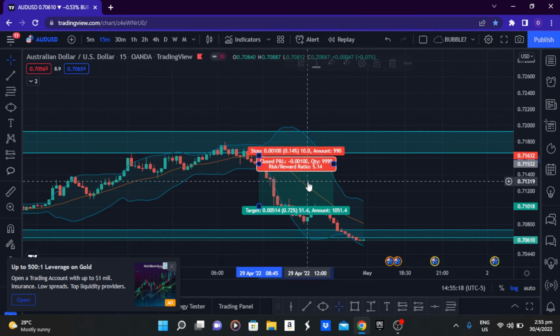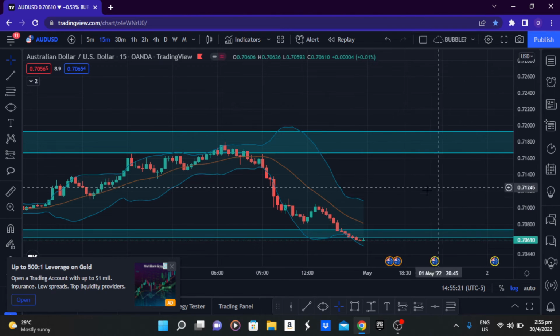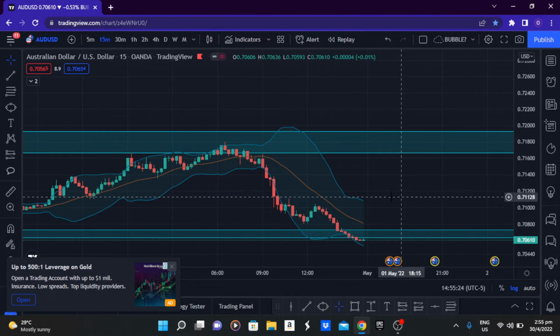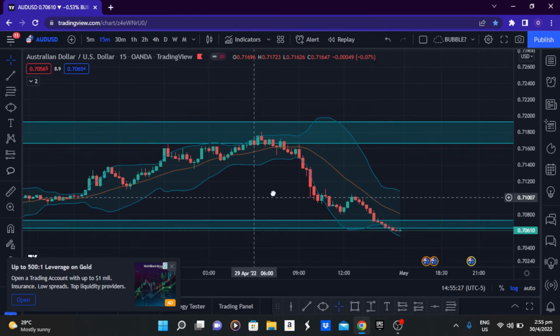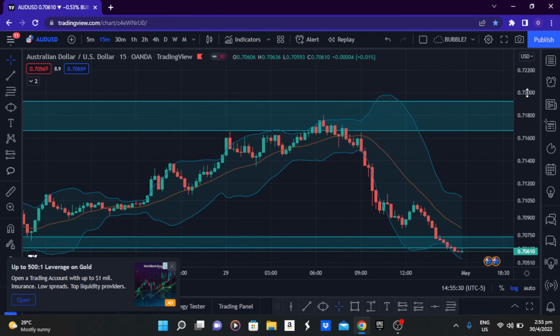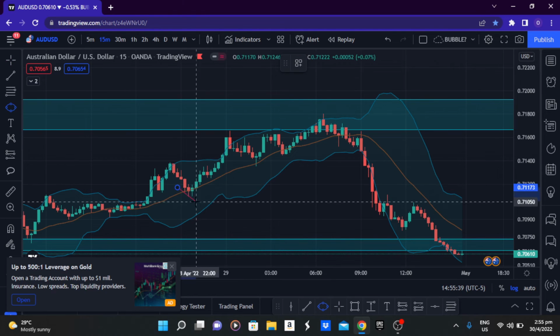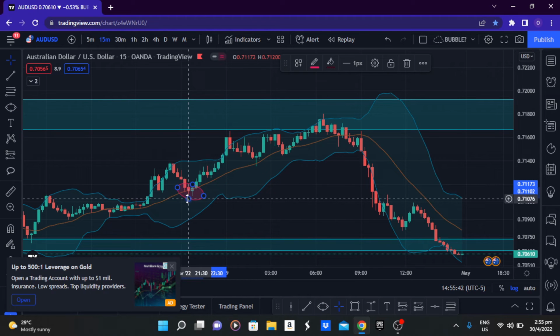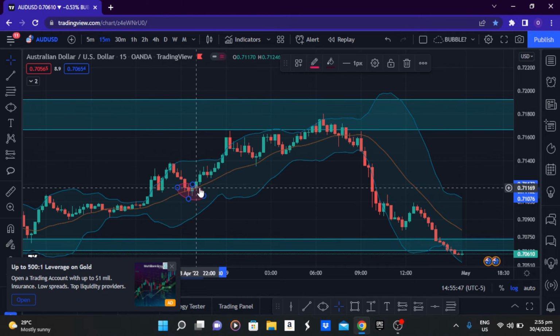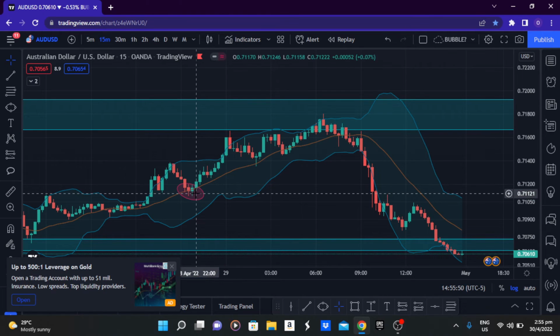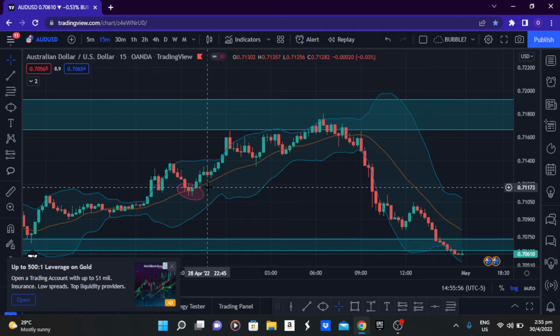And what I could also recommend is that you can use the Bollinger Bands to locate support and resistance. So as you can see here, when the SMA, that's the simple moving average, it cuts here. Let me just highlight that here. We can see where price actually broke below the line and then closed above it. And then this candle here would be another confirmation that you should take a buy right here.